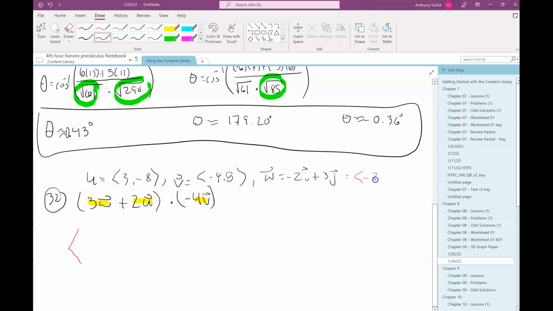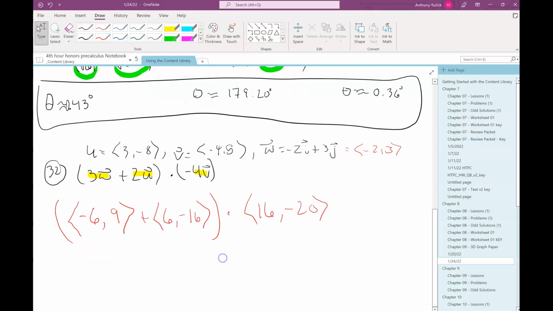So W, I'm just going to immediately translate into component form since everything else is in component form. So 3W is going to be negative 6, comma 9. 2U is going to be 6, negative 16. And then negative 4V is going to be 16, negative 20. So far, so good. And then I'm going to do the addition.